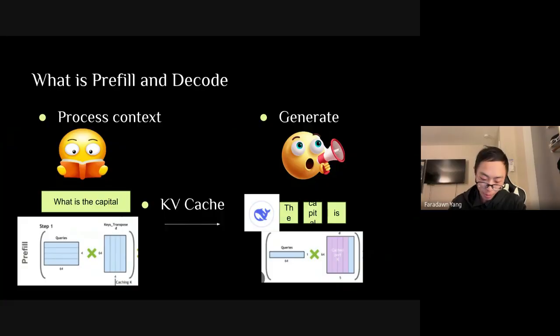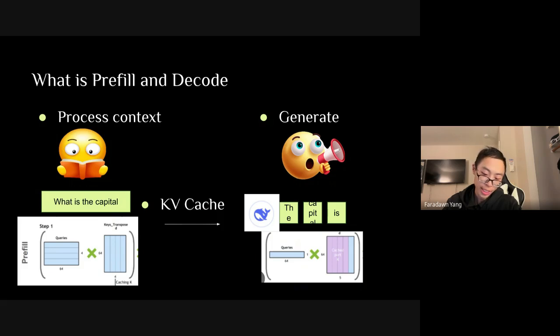Okay, so first, what is prefill and decode? In the prefill phase, it is taking in the tokens and then processing them together in a chunk. On the chart on the left side, it is an n by n computation. Why? Because the query is composed of n tokens, it's n by d, and the keys are d by n.